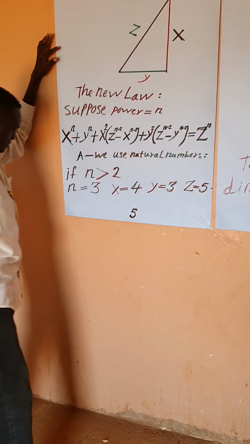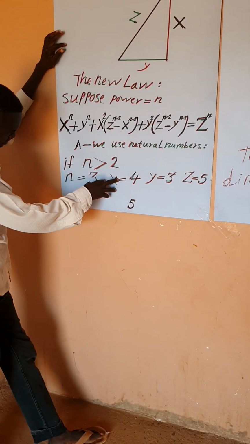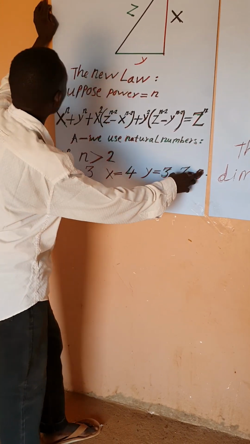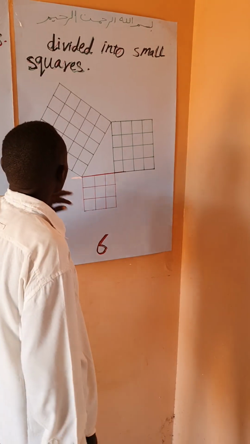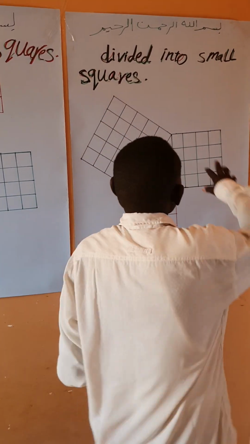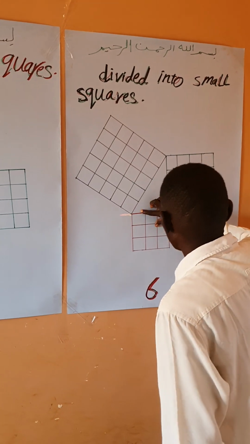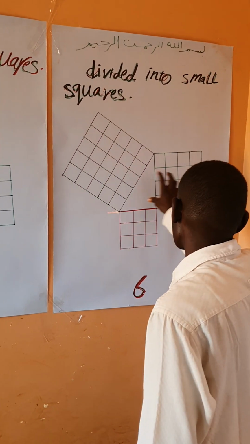Okay. n equals 3, x equals 4, y equals 3, z equals 5. If we divide this triangle into small pieces, small squares like this.